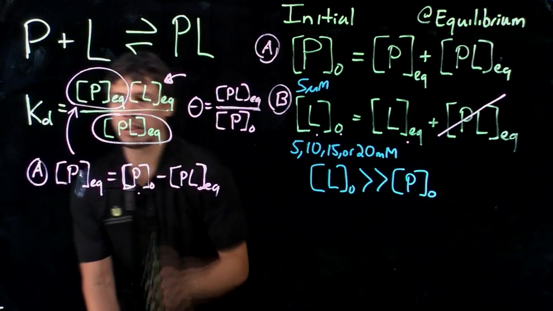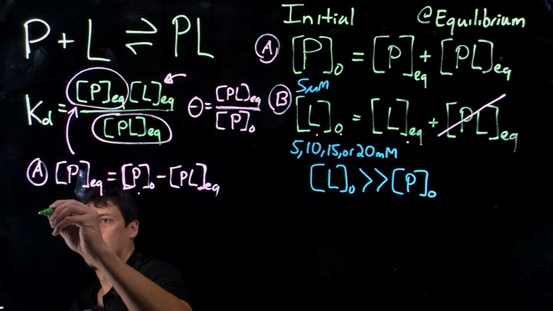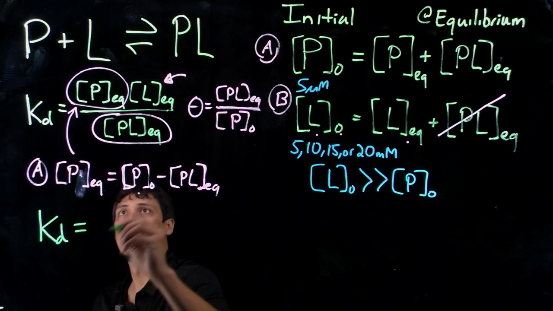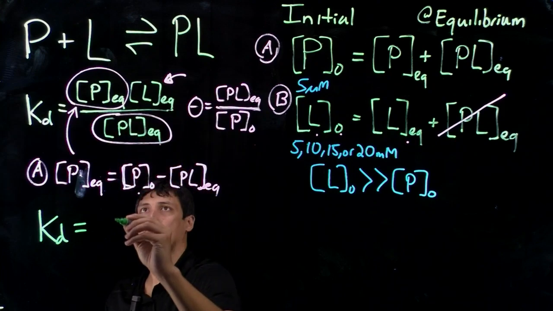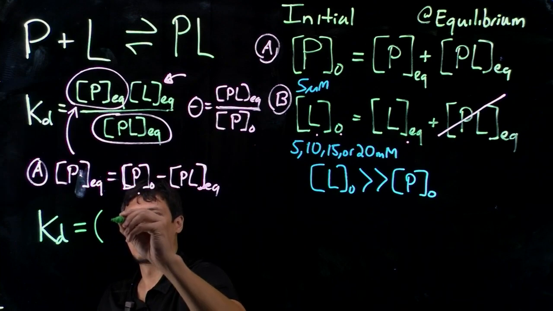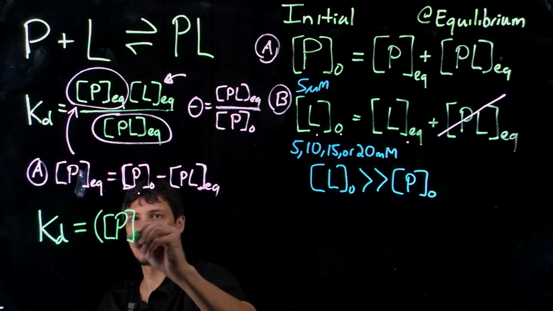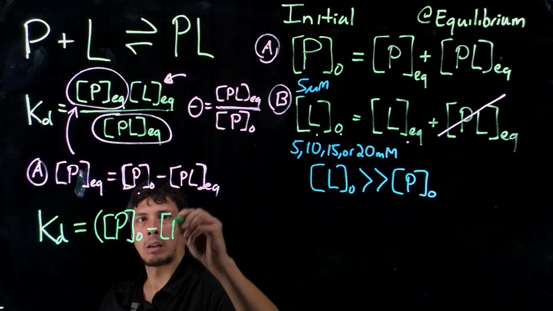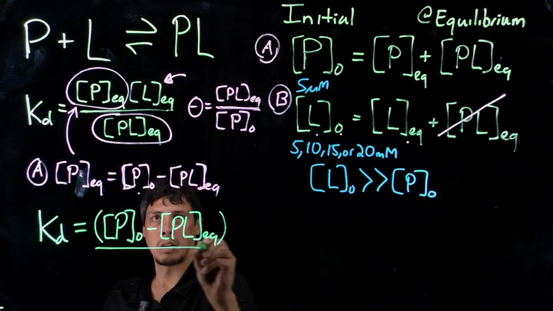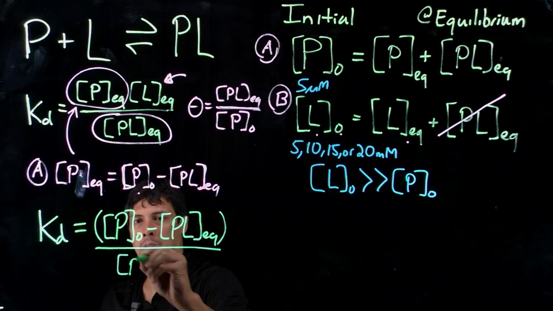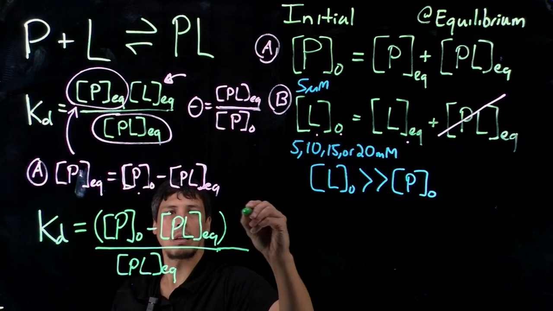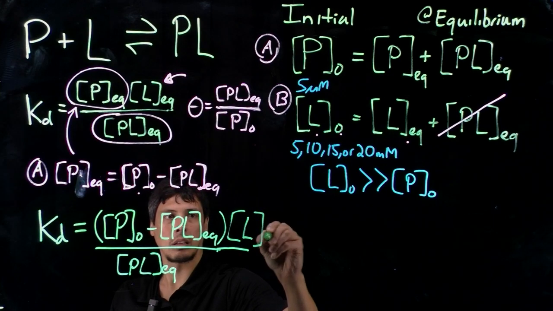So this rearranges this equation to one that looks like this. Again, we substitute the free protein concentration at equilibrium, so that goes in here: P naught minus PL_eq, over PL_eq, and then this is ligand naught.